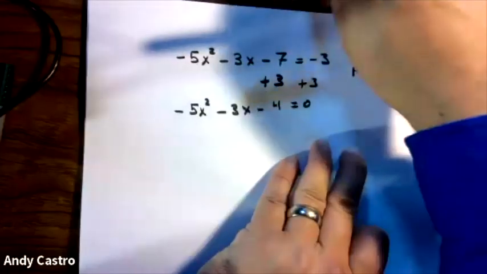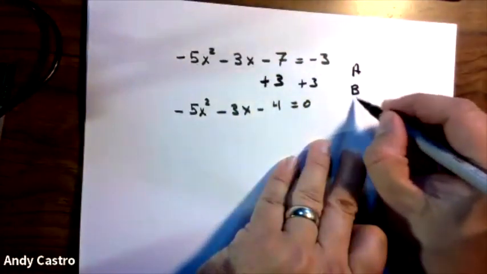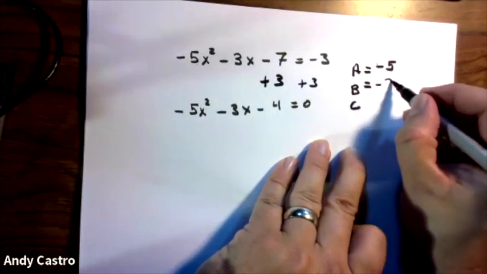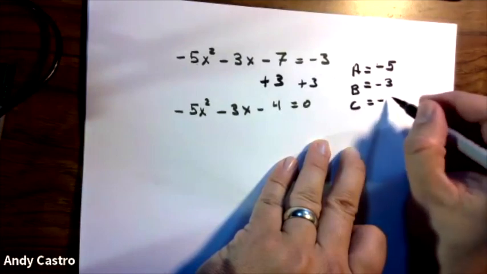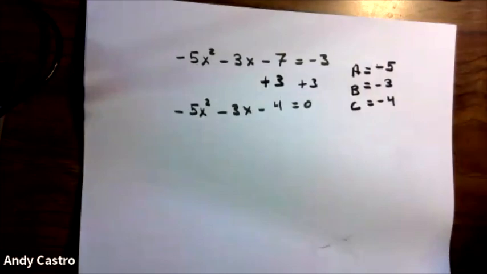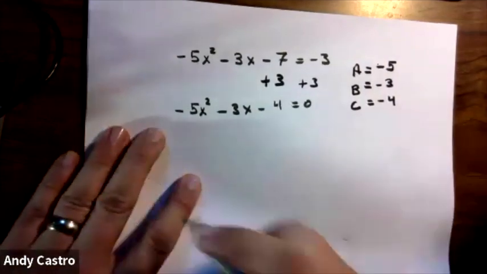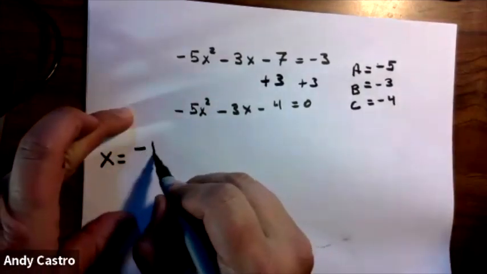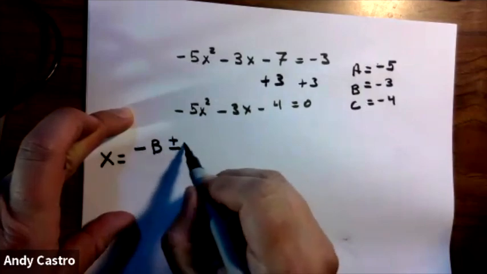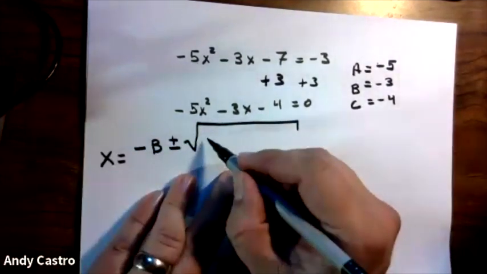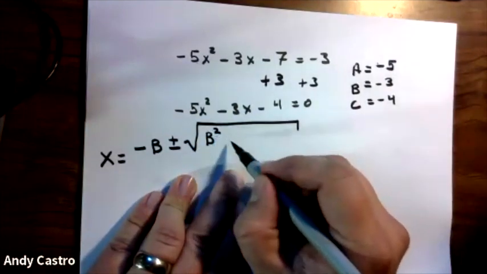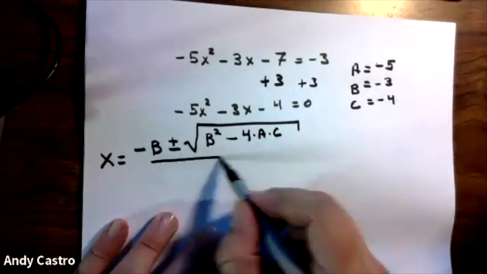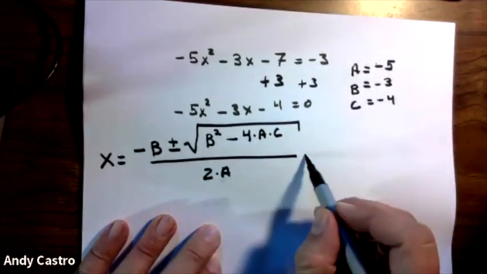All right, so another situation in which all 3 are negative. A is negative 5. The coefficient B is negative 3, and the coefficient C is negative 4. So if we solve for x, x is the opposite of b, plus or minus the square root of b squared minus 4 times a times c, all divided by 2 times a.